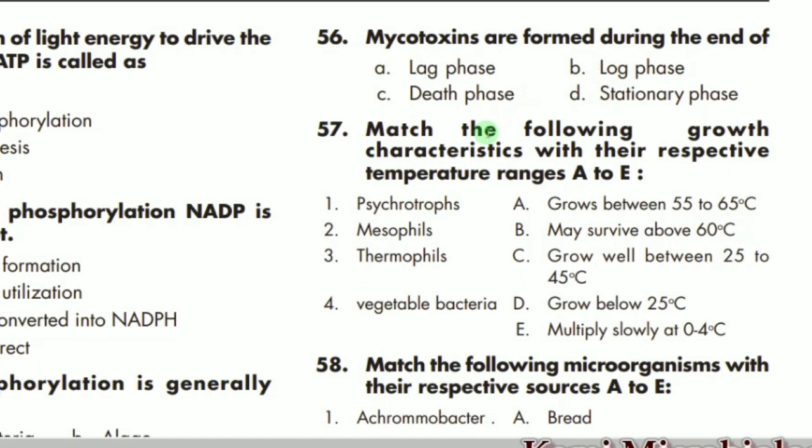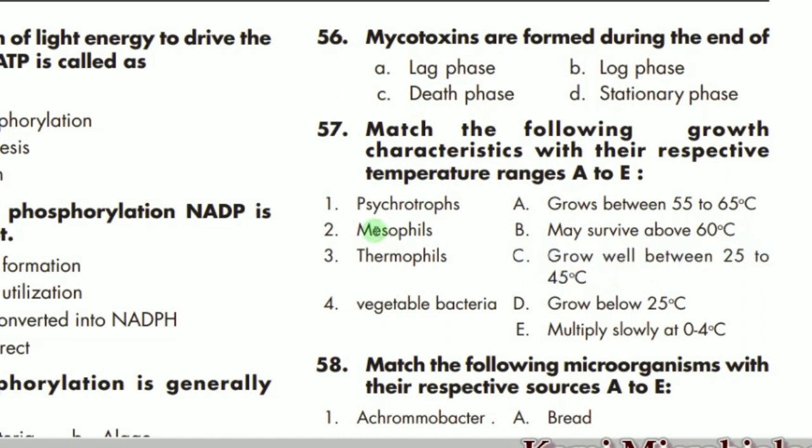These are the names of the bacteria that can grow at specific temperatures. So let's match these bacteria with their correct options. First of all we have psychrotrophs. Psychrotrophs mostly grow at a temperature of 25 to 45. So for this, C is the correct option.